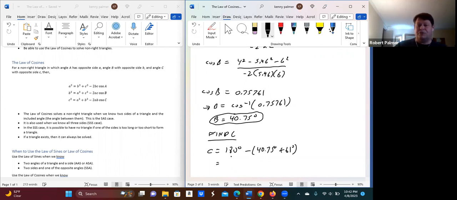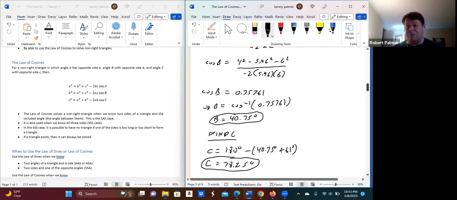And then I'll just do this on my calculator. Don't worry about going to Desmos. And that means that angle C is going to be, to 2 decimal places, 78.25 degrees.